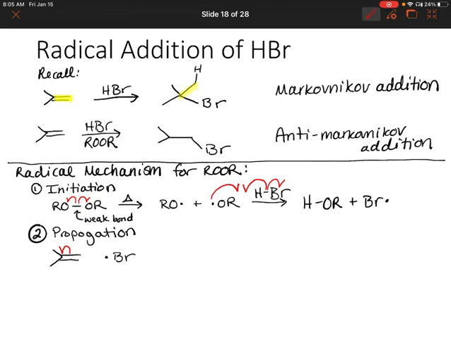The other electron is going to make a bond with bromine, so they're going to form a covalent bond. Okay, so now we have a radical.